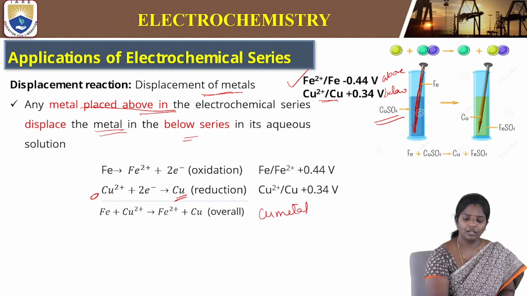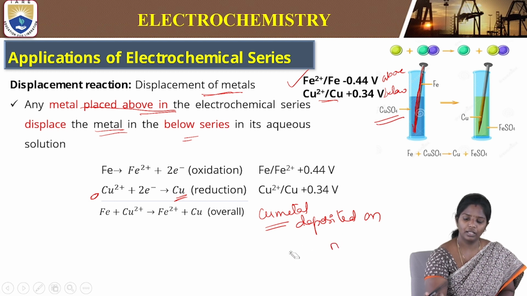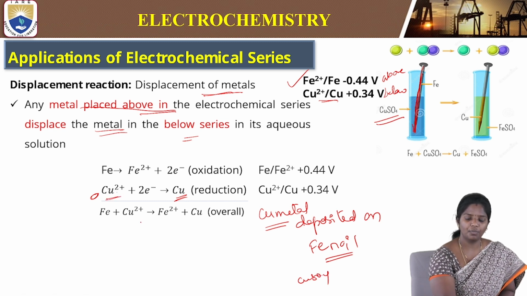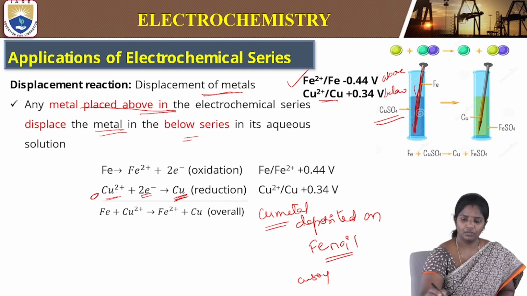The copper 2 plus ions in the copper sulfate solution take up electrons and form copper, so this metal gets deposited on the iron nail.